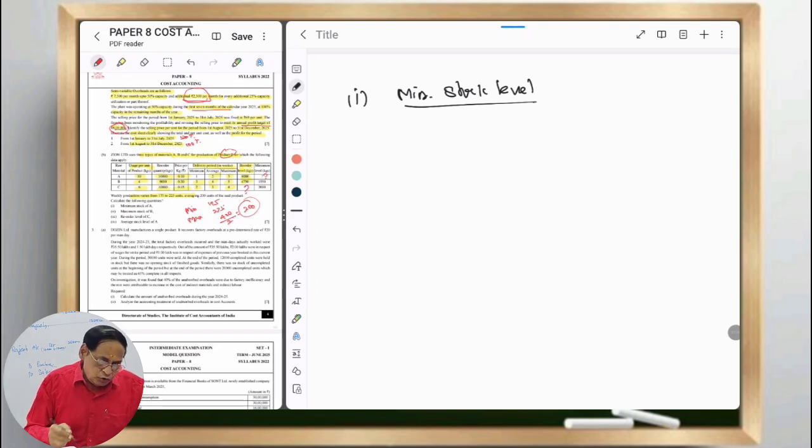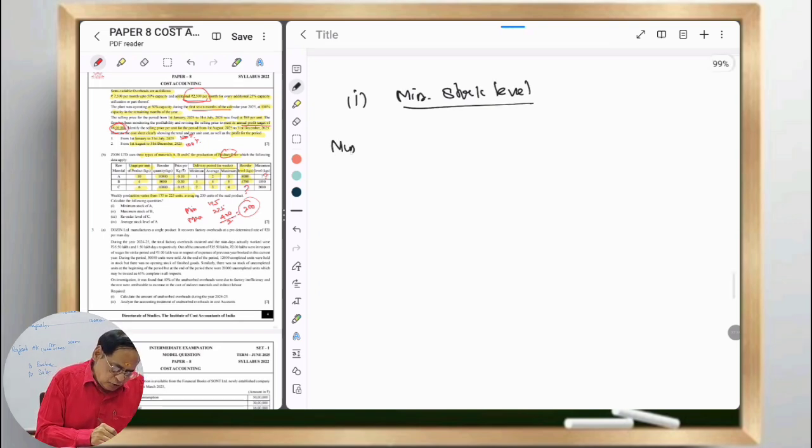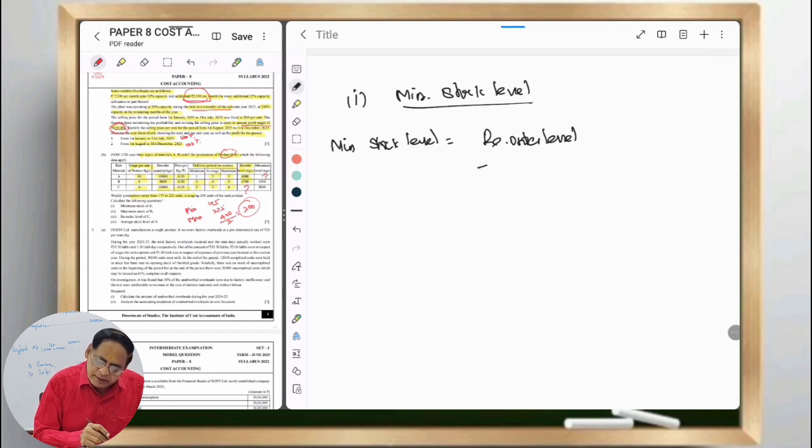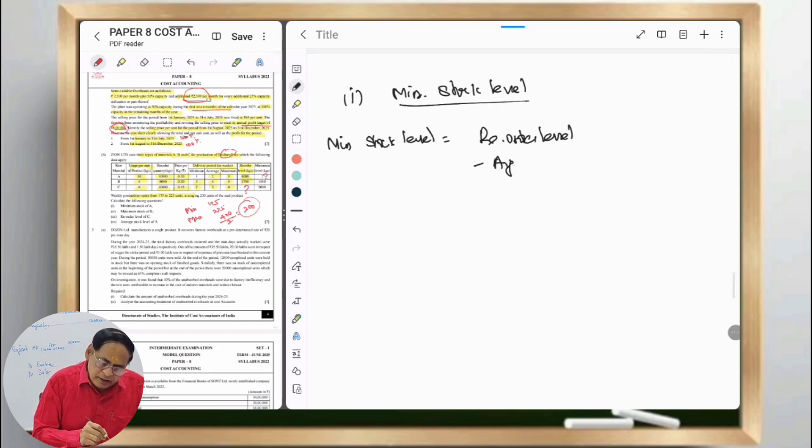That is the formula. So minimum stock level equals reorder level minus average rate of consumption, that is, average consumption into average delivery period, the average time required.